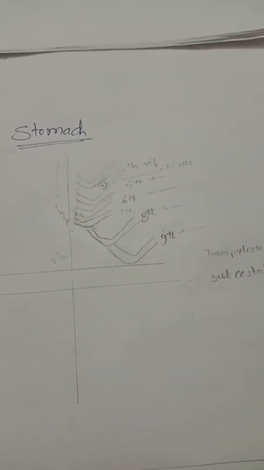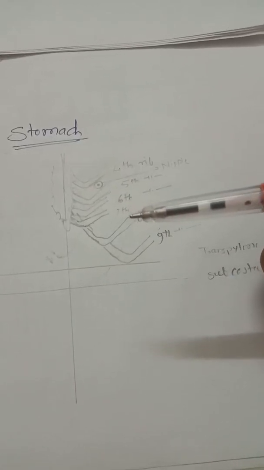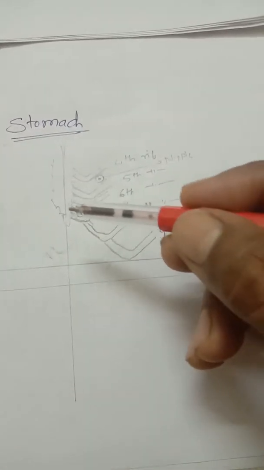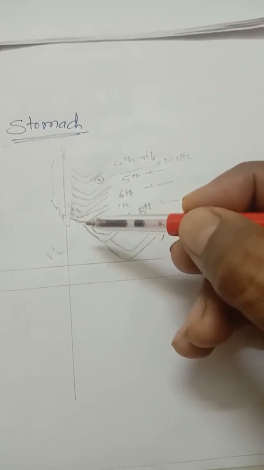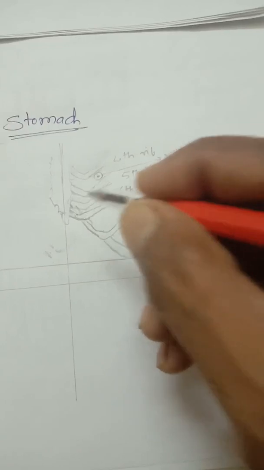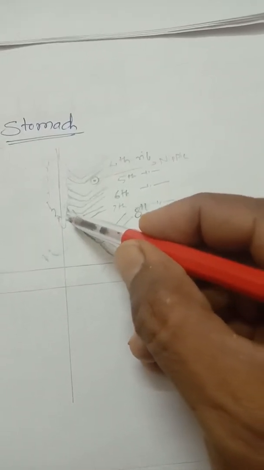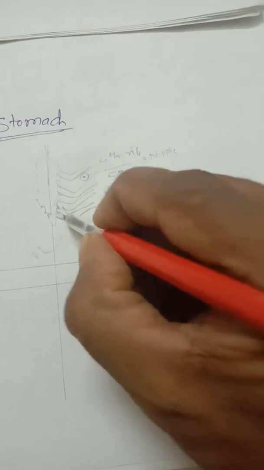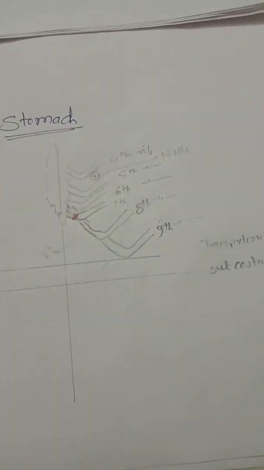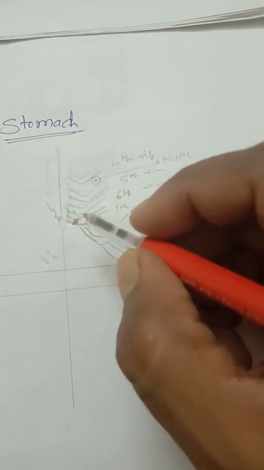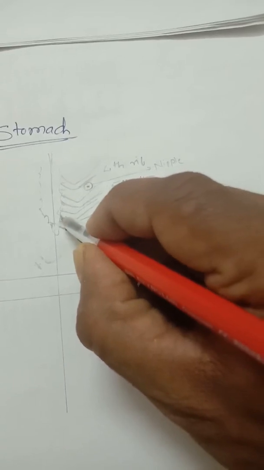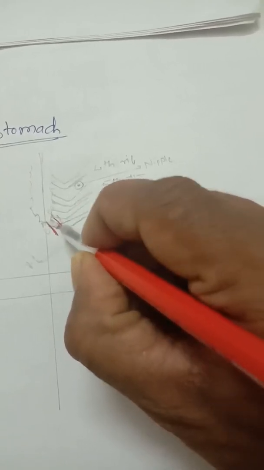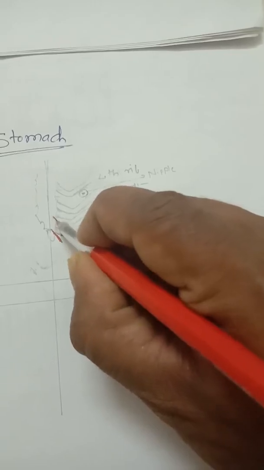To draw the cardiac end, take a point 2.5 centimeters away from the median plane on the 7th costal cartilage. That is the first point. Here is the 7th rib and here the 7th costal cartilage. From the median plane, take 2.5 centimeters on the 7th costal cartilage and draw this point. After that draw two parallel lines 2 centimeters apart from each other. Here you can see the first parallel line and there the second line. That is the cardiac end of the stomach.